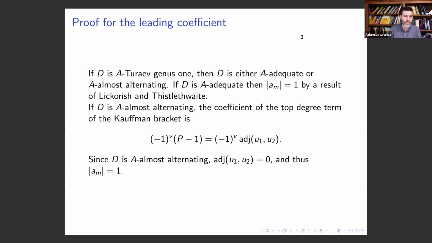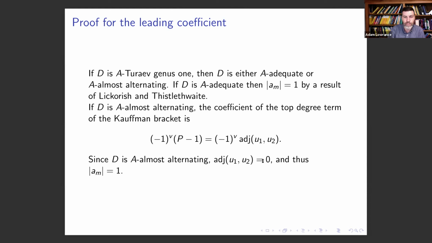If you're A almost alternating, then by the previous result, the coefficient is up to sign just, oh, I made a typo here. There should be an additional +1 in the superscript. The leading coefficient of your Jones polynomial is (-1) to the V times P minus 1, but that's just (-1) to the V times adjacency of U1, U2 minus 1.